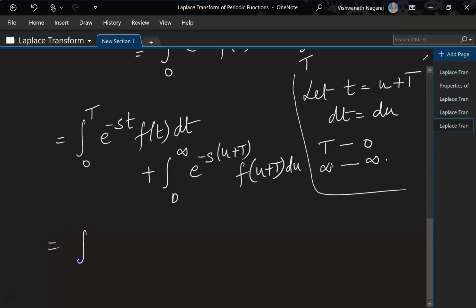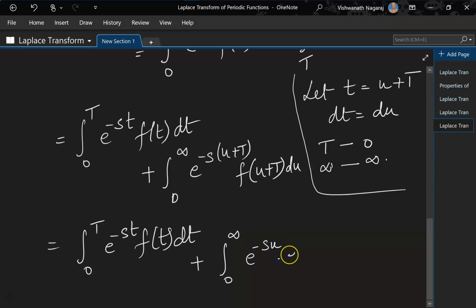Okay, 0 to T of e to the power of minus st f of t dt plus, now let's split this: e to the power of minus su times e to the power of minus s capital T, f of u plus T. What is f of u plus T? It is f of u, because of the periodic nature.